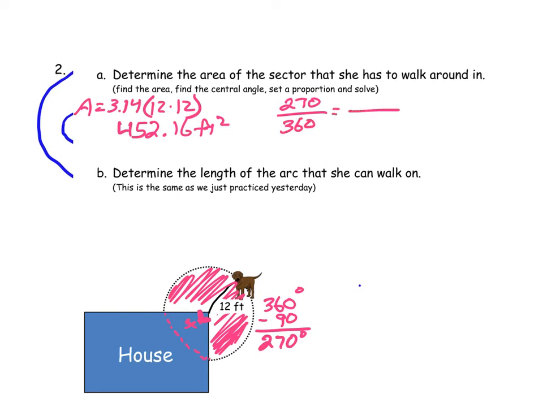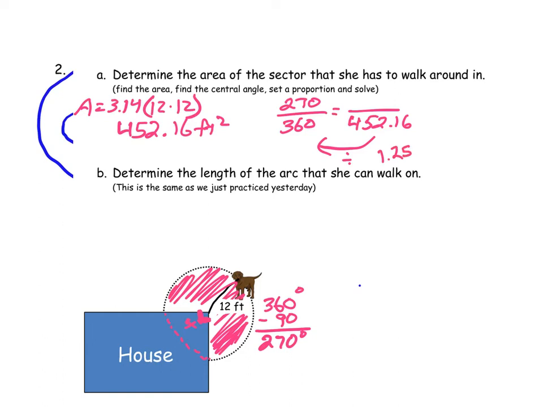equals, so that's part over whole. I'm looking for the part up above there, but I know the whole circle would be 452.16. Remember, I'm going to divide to find my connecting number. 452.16 divided by 360. That gets me 1.256.